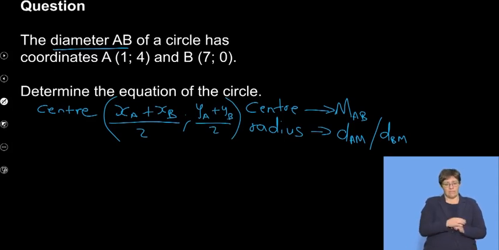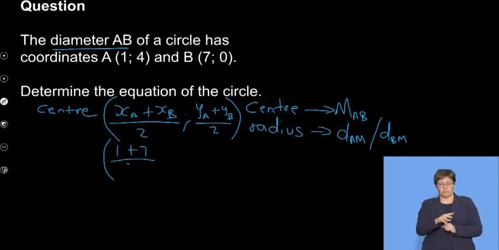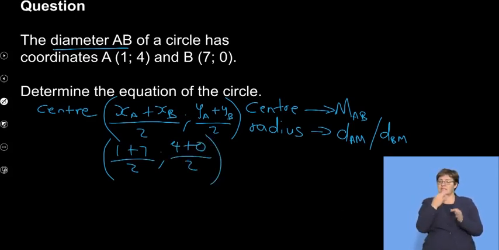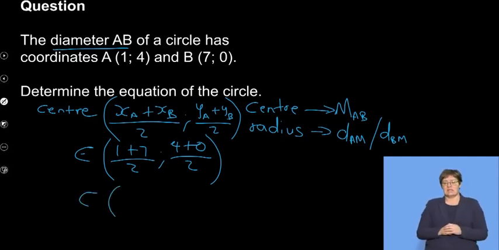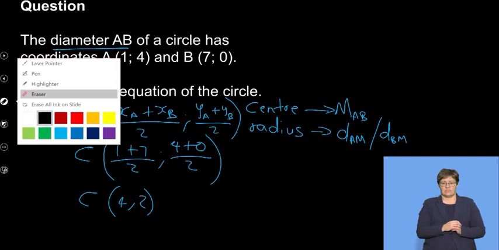And then from there, I will say this is the same as x at A is 1 plus 7 over 2. And then this is 4 plus 0 over 2. So in simple terms, I will just say C now, right? In simple terms, our center will just be 4 and 2. Now let me just erase this so that it doesn't look like an E, right?